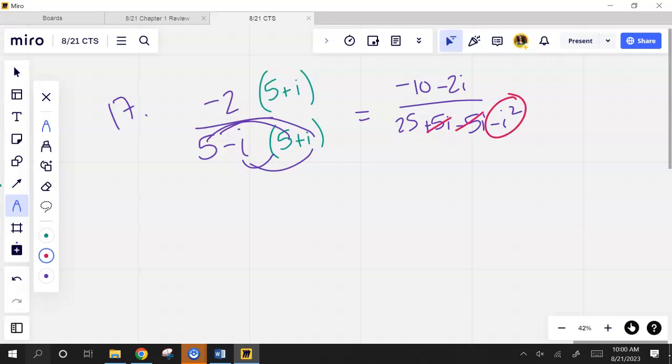What's negative I squared? Plus 1. How do I simplify that? Divide everybody by 2. -5 minus I.